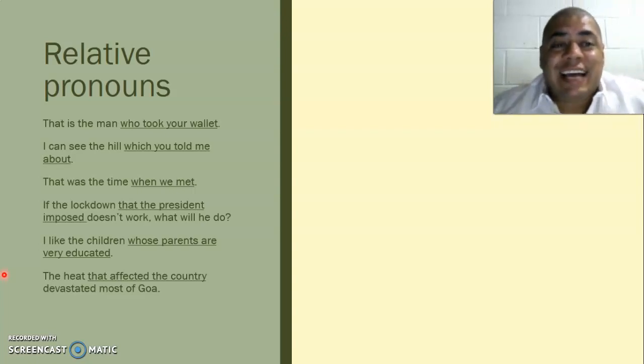It acts as an adjective. It tells me which man I am talking about. In the second example, the relative clause tells me which hill I am talking about. They act as adjectives.